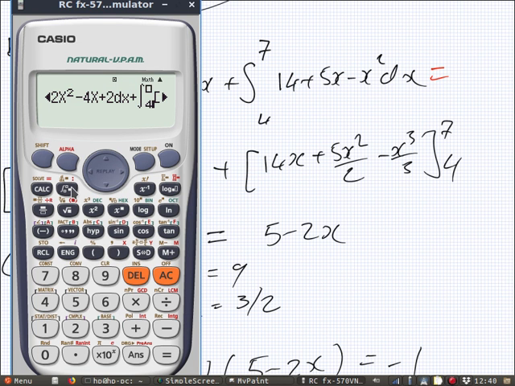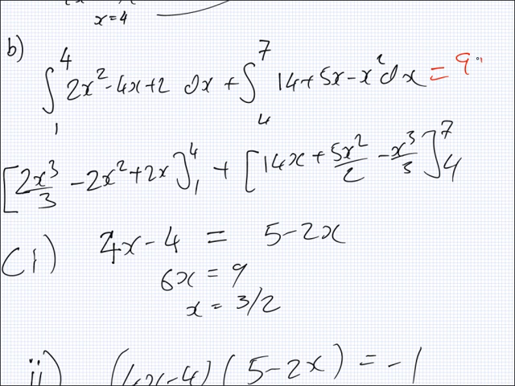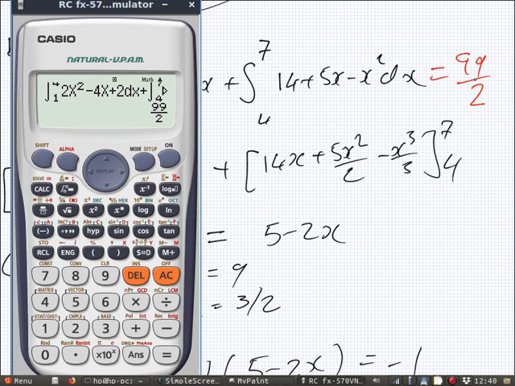Yes, I can. 14 plus 5x minus x squared. 99 over 2.